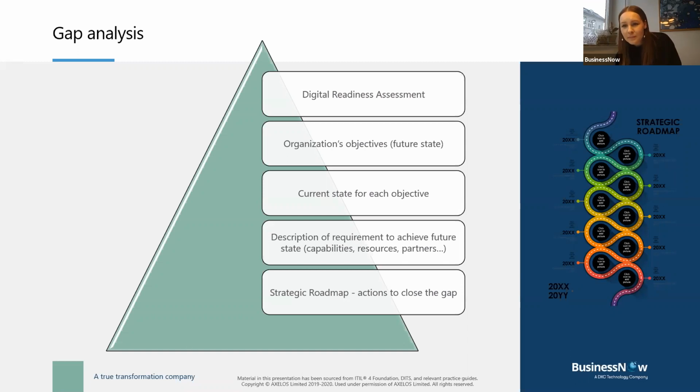Søren? Yes. Sorry, I don't know if you just sort of answered that question, but there's a question that says, does digital and IT strategy present a step-by-step method for conducting gap analysis? Oh, I'm quite happy for that question, because no, in the digital and IT strategy book, we don't get a step-by-step methodology.